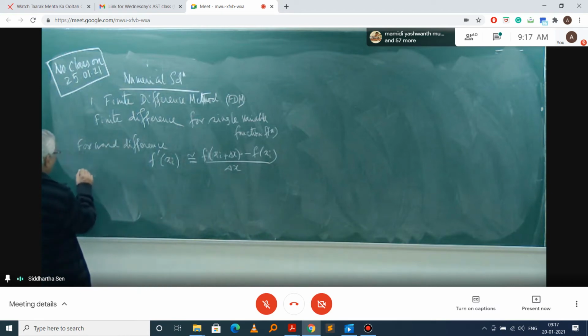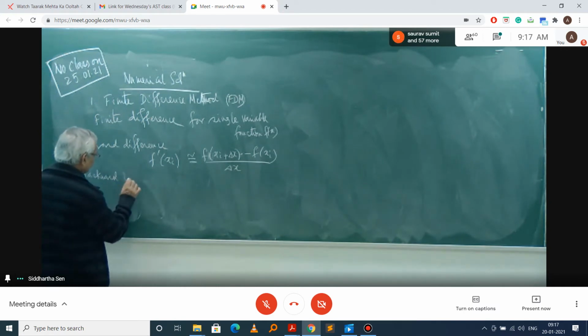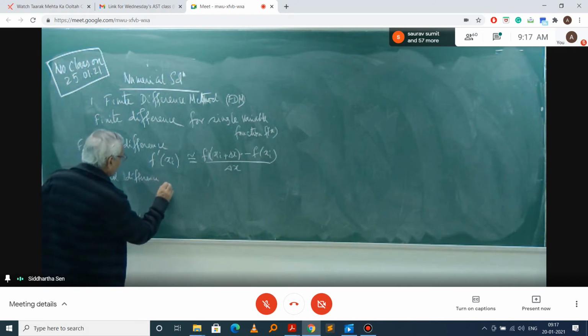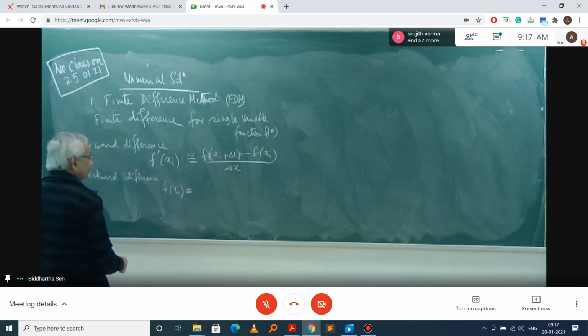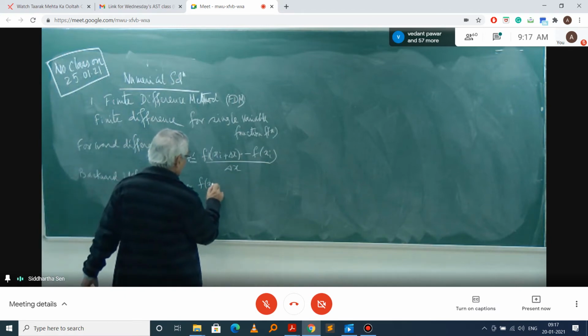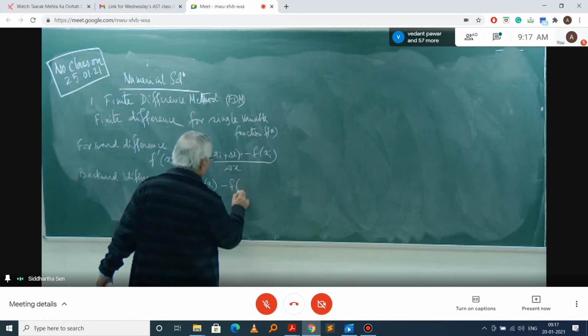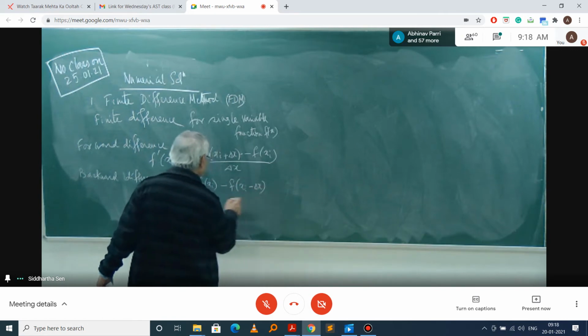Another is the backward difference, where f dash xi can be expressed as approximately f of xi minus f of xi minus delta x divided by delta x.